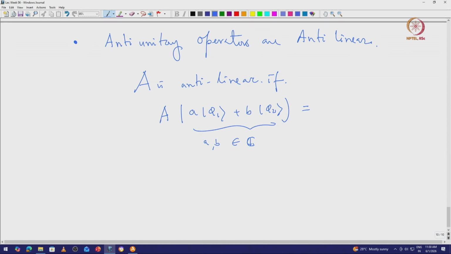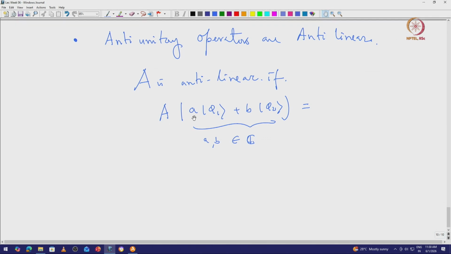Generally, for a linear operator, any scalar number just passes through, but that is not the case for antilinear, just by definition. So, what we will get is that it will still pass through, but give a complex conjugation, and then it will act on the basis states.